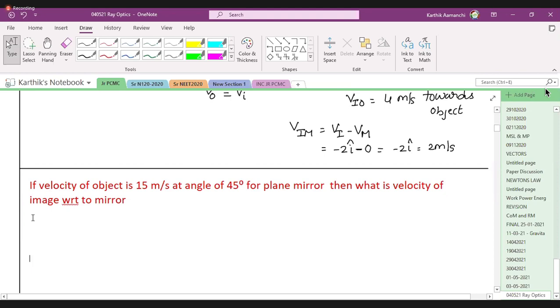If velocity of object is 15 meters per second at an angle of 45 degrees to the plane of the mirror, then find the velocity of image with respect to mirror.